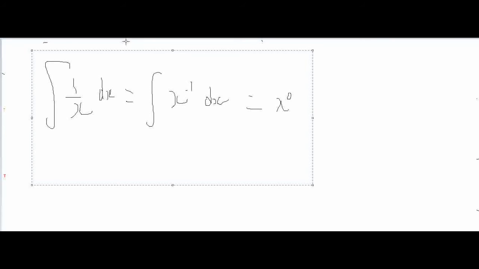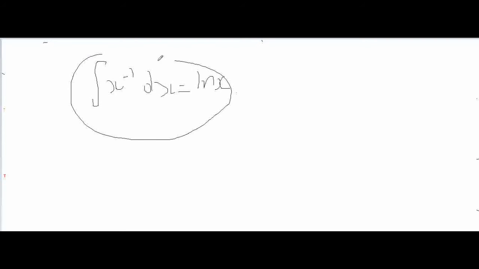The truth is that the integral of x to the negative 1 is actually ln x, and we'll prove this in another video on integration. So this is a special integral which you must pay attention to.